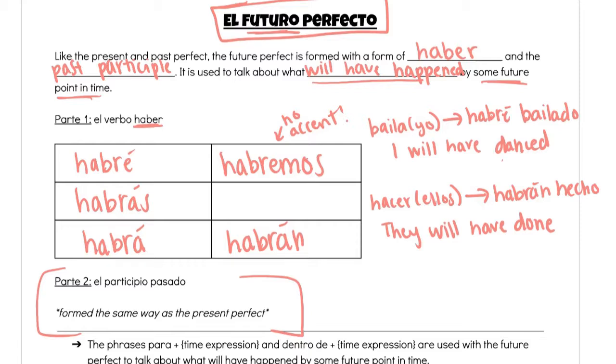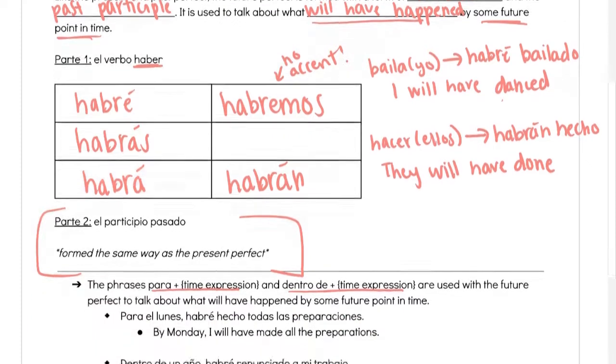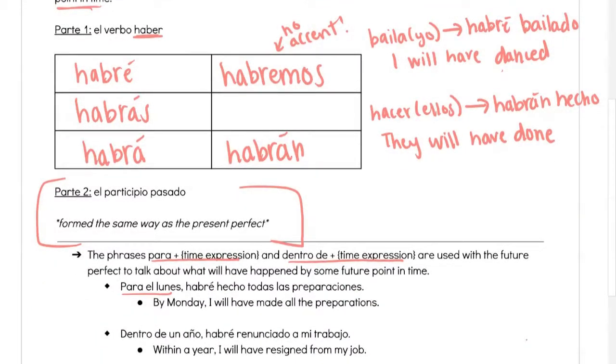So to add context and provide a time frame by which these actions will have happened, there are two expressions you could use: para plus time or dentro de plus a time expression. You've got some sample sentences here, like para el lunes habré hecho todas las preparaciones. By Monday, I will have made all of the preparations. The future perfect makes sense here because we have a set point in time by which this action will have happened.